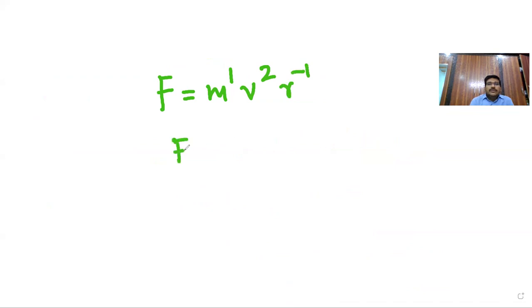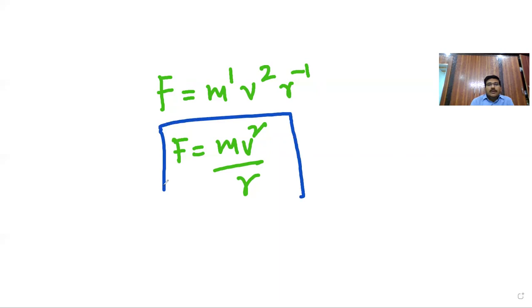So, F is equal to m v square by r. This is the final centrifugal force. We have arrived at the centrifugal force. Clear?